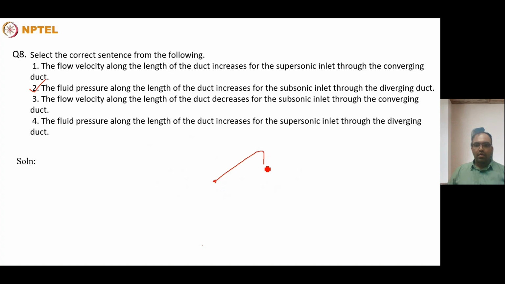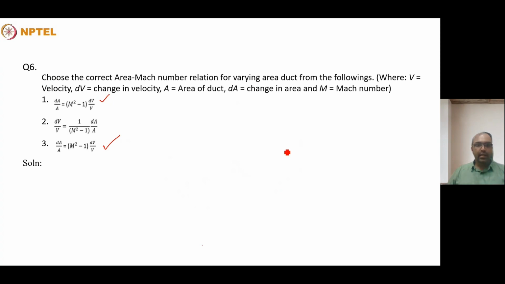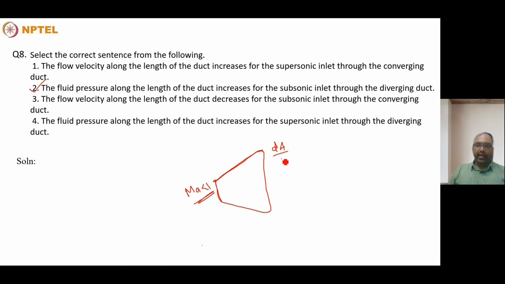So this is the diverging duct, and for a subsonic inlet, that is Mach number less than 1, the section area increases. The formula relating change in area and velocity is dA by A equals M squared minus 1 into dV by V. For a Mach number less than 1, the quantity will be negative, so the relationship between A and V will be inverse.